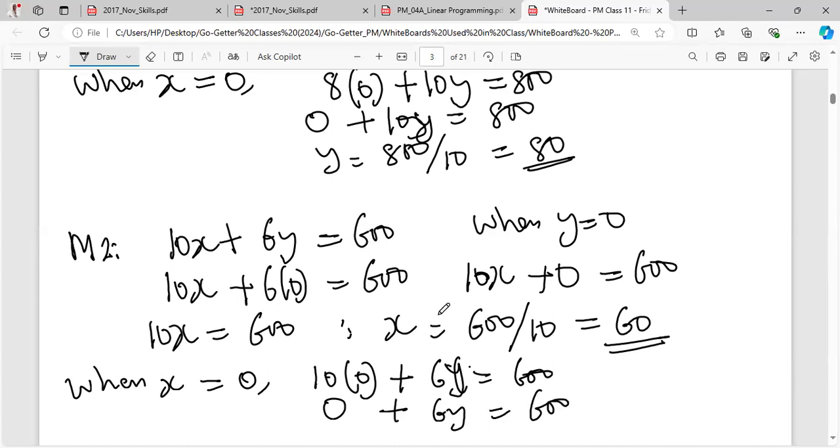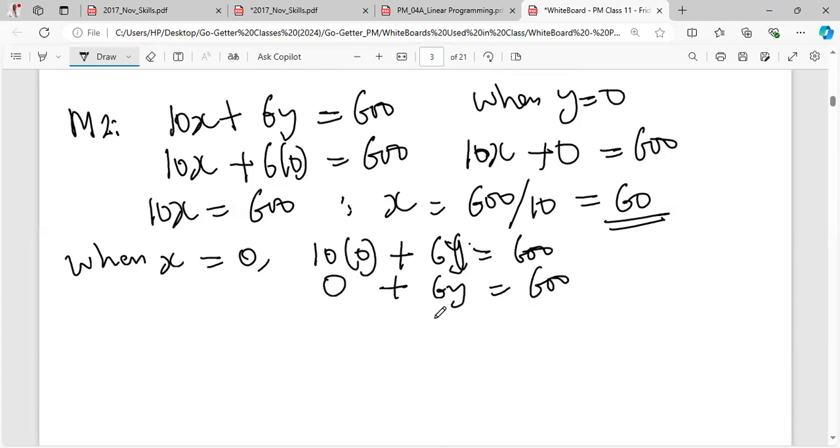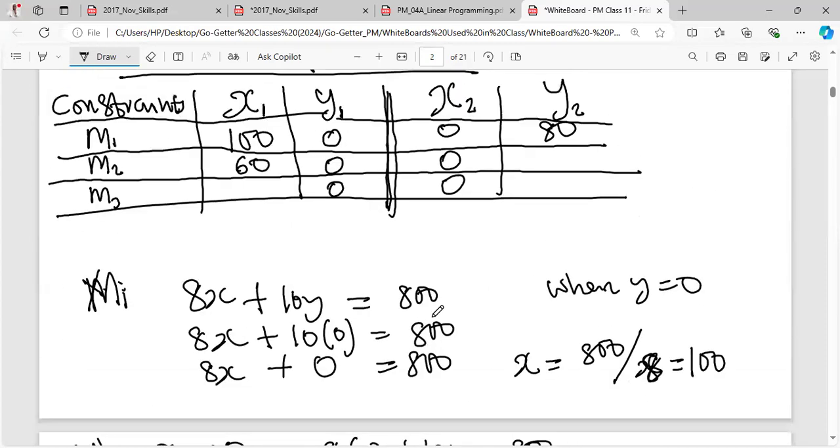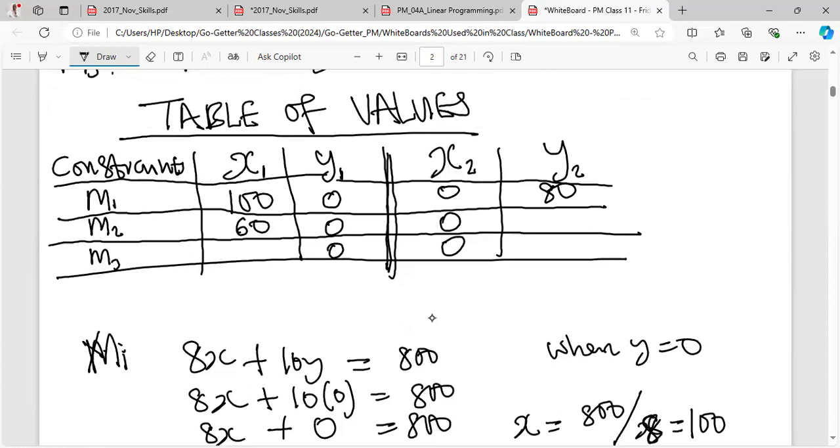And so y will be 600 divided by 6, which gives me 100. So when x is 0, y is 100. So y here is 100.